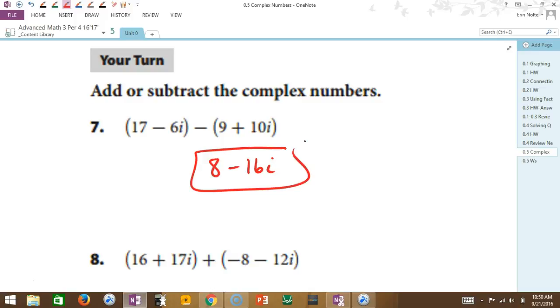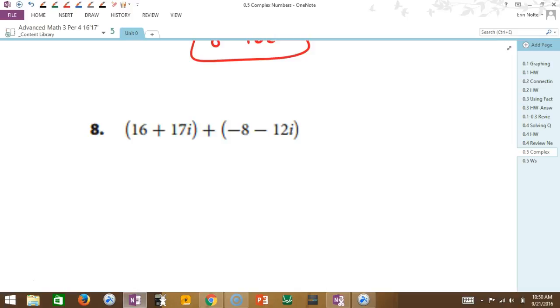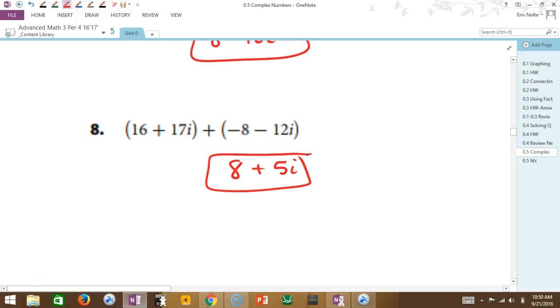Don't let it be you. Okay, another quick example, number 8. How many reals do I have? 16 plus negative 8 makes 8. What's my imaginary value? 5i. Good. So adding and subtracting is very simple.